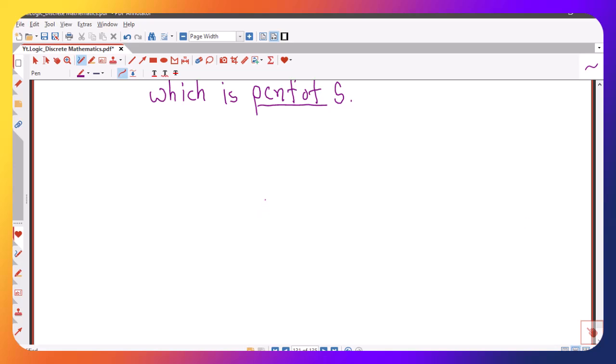Same thing you can do for writing PDNF from PCNF.